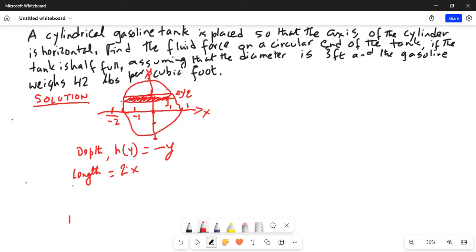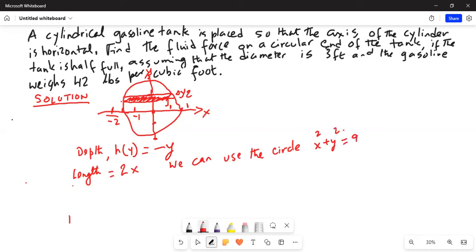And we can use the circle. x square plus y square is equal to 9.